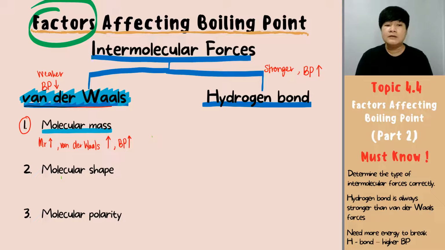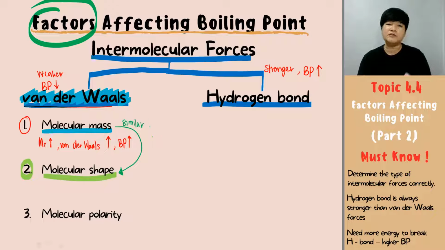Make sense? Therefore, we move to the second factor affecting the van der Waals forces. The second factor is your molecular shape. But bear that in mind, you can only move from your molecular mass to the molecular shape with one condition: the molecular mass right now is similar.